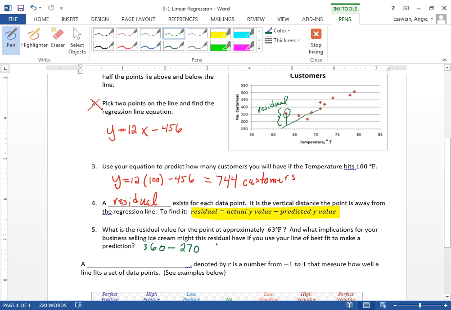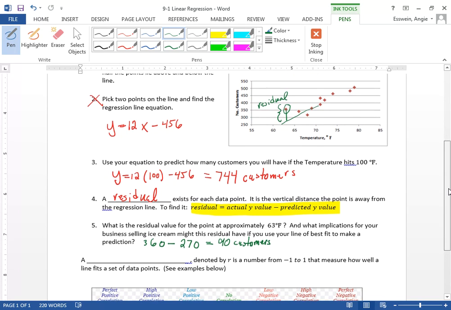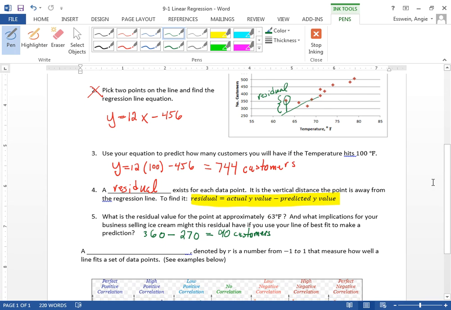It's approximate, so that's fine. So we get how many customers? Okay, 90 customers. What might be the implications if we had 90 more customers? If we use the model but then we actually had 90 more customers, what might that mean for our business? Okay, it's doing better than we thought, right?